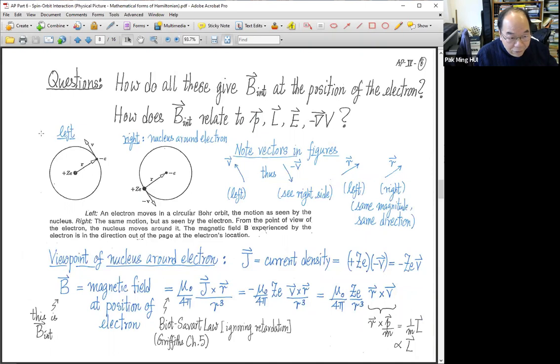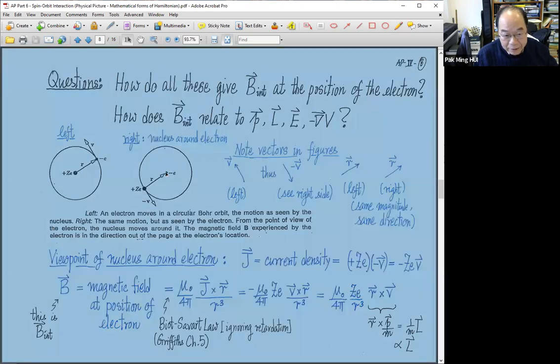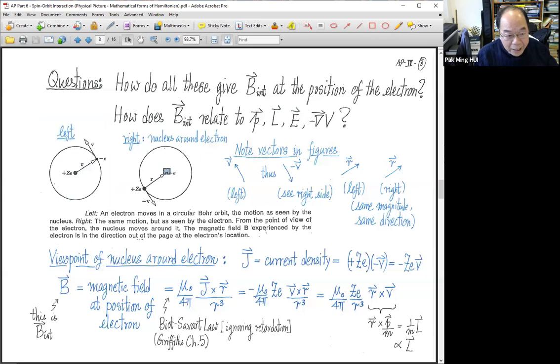So the left-hand side figure is the same as that on the last page. But now, let's take a different viewpoint. Let's sit on the electron here, all right? And then look at the nucleus.